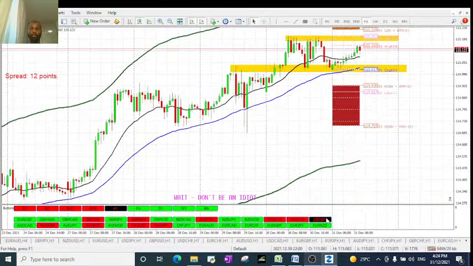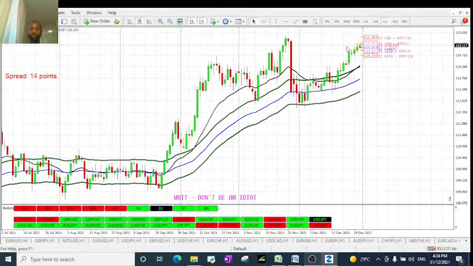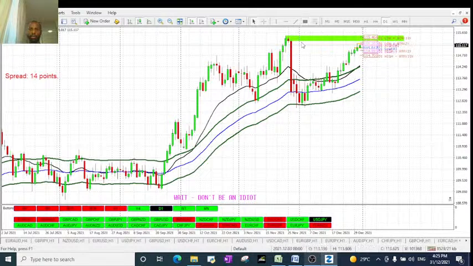US yen. And we have a strong zone right here. We haven't gotten there yet.